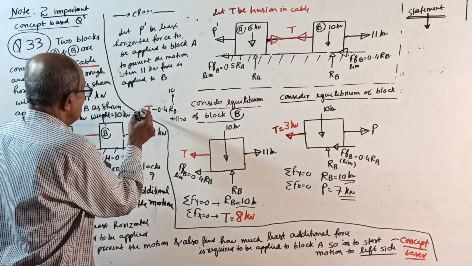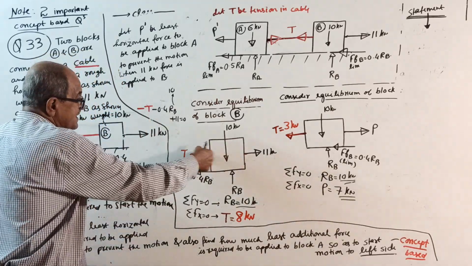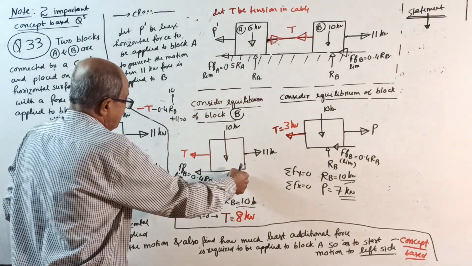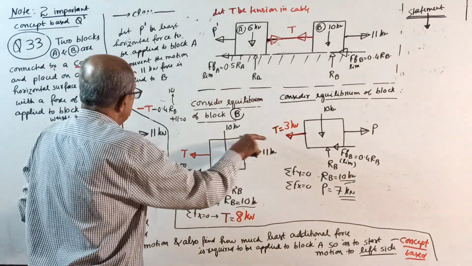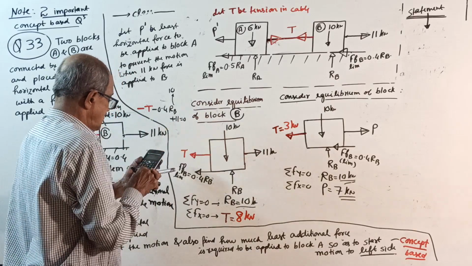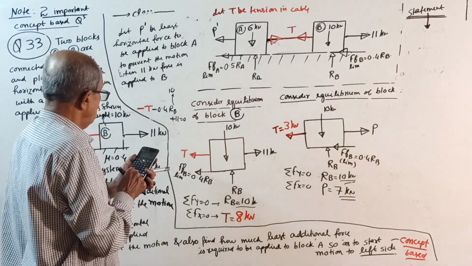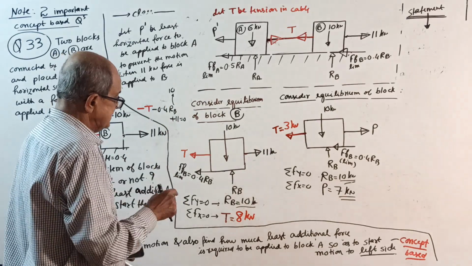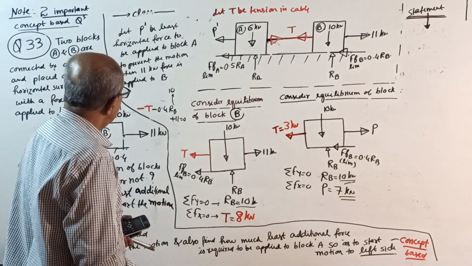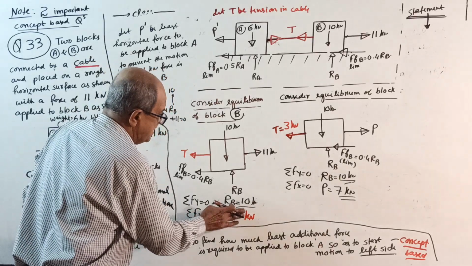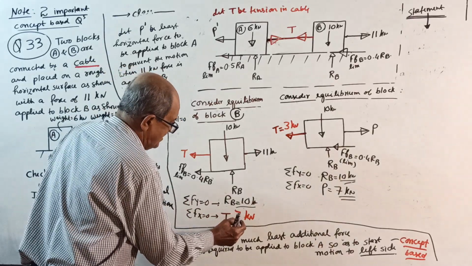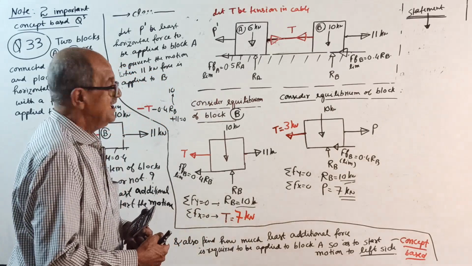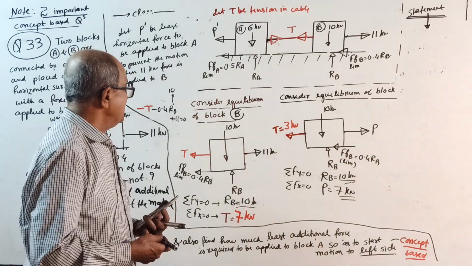Minus T minus 0.4 RB plus 11 equal to 0. So T will come 11 minus 0.4 into 10, which is 7 kilonewton. Oh yes, 7 kilonewton. I don't know why 8 came. Unfortunately, while counting, it became a mistake.